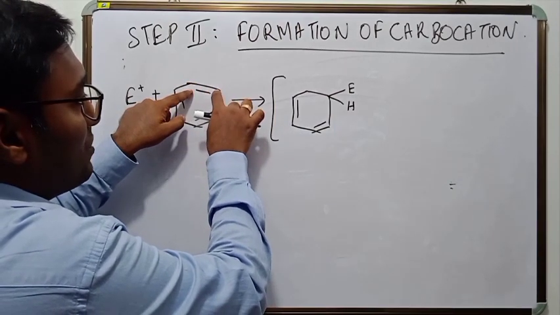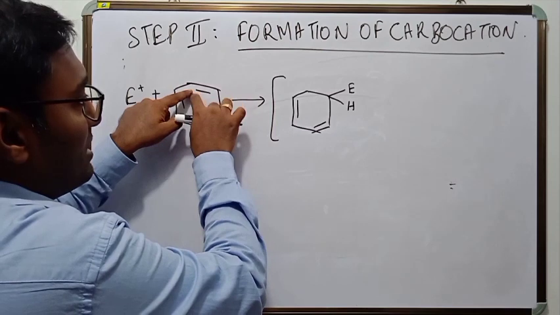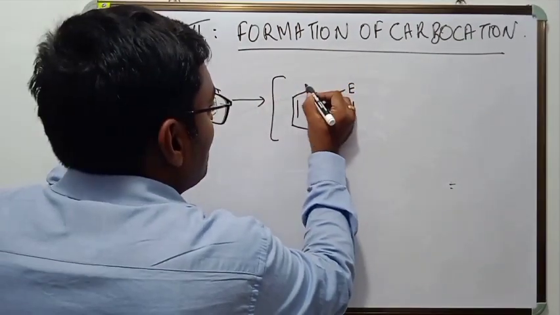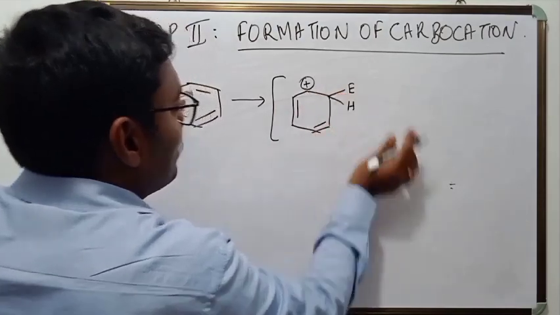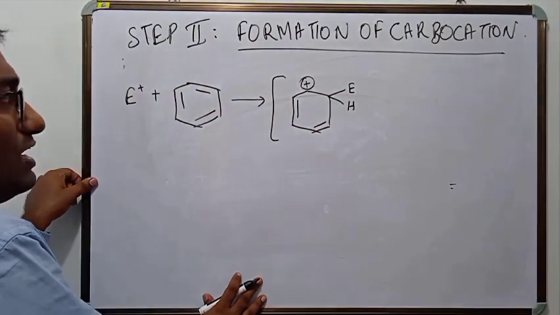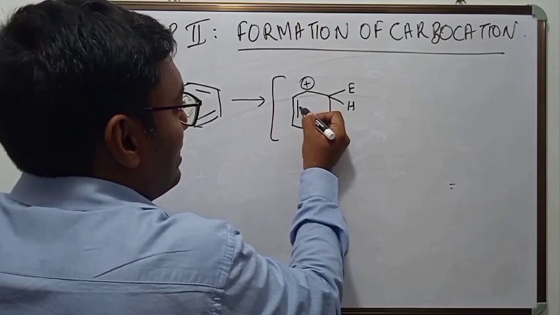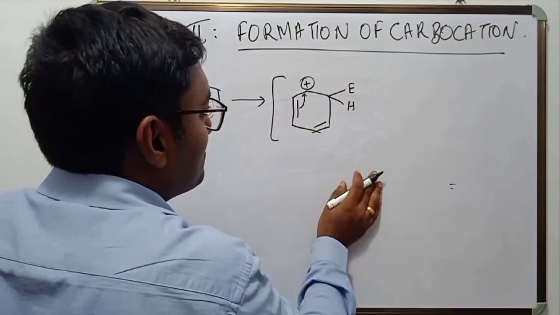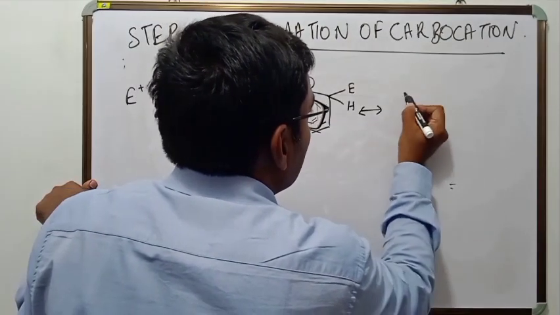This electron has been taken and given to E. So who is at a loss? Yes, absolutely right. This carbon is at a loss. Now what would happen? To compensate for the loss, this electron pair would jump here and we get a second structure.